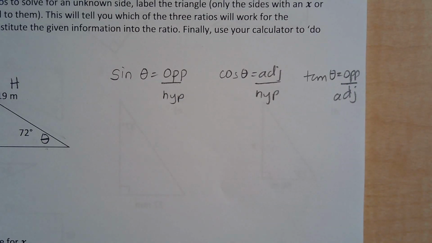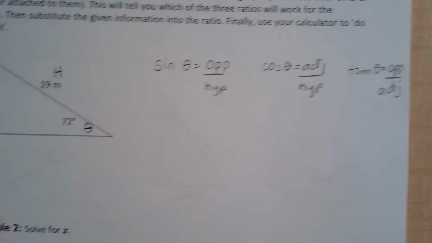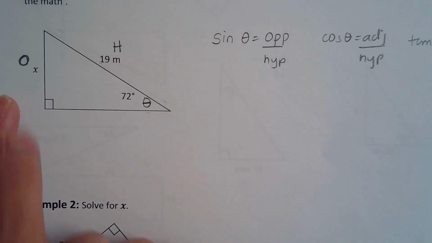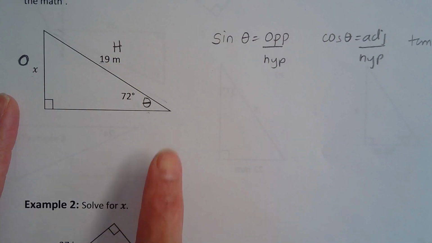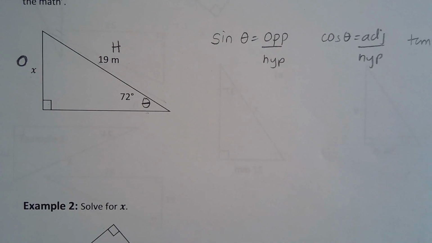Which one are we going to use? This is usually what the students are asking: which formula do I use? Look at this one here. It depends on what's given. Which one of them has theta, hypotenuse, and opposite in the same equation?